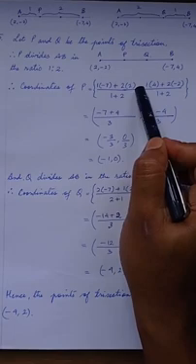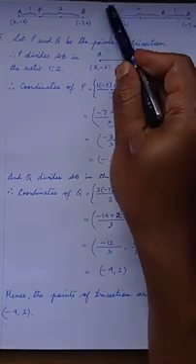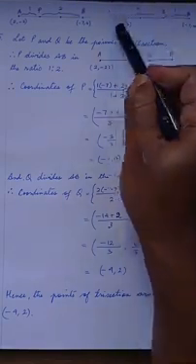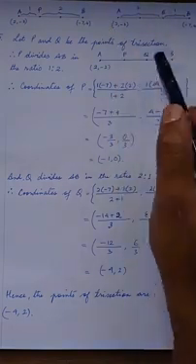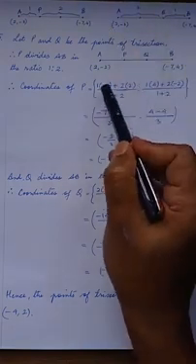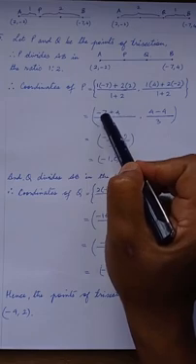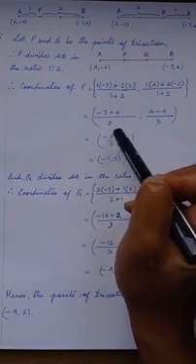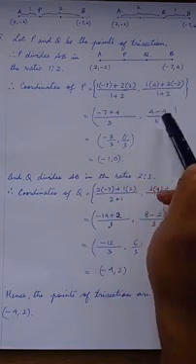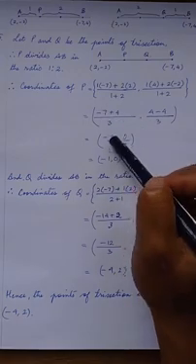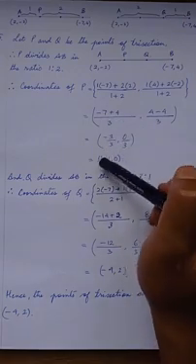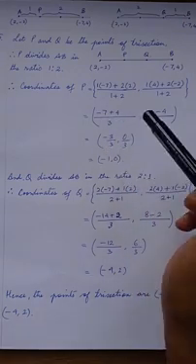Similarly, we will use this one for finding the coordinates of Q. But before that, let's see what we get here. 1 into minus 7 is minus 7 plus 4, and here 4 minus 4 will be 0, and here you'll get minus 3, so if you cancel you'll get minus 1 and 0.